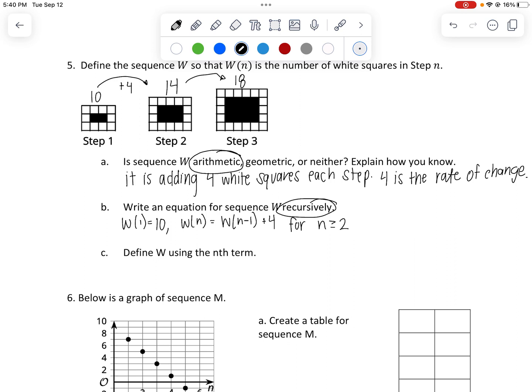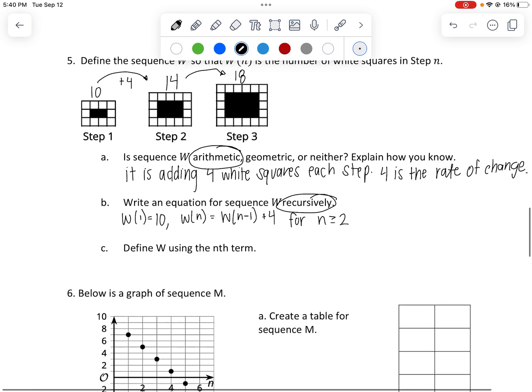And for the nth term, we can know any step based on the step before it. Since it's arithmetic, we're going to add 4. And we have to do that to each step minus 1. And you can plug in a number to make sure it works. And that's going to be for starting at step 1.